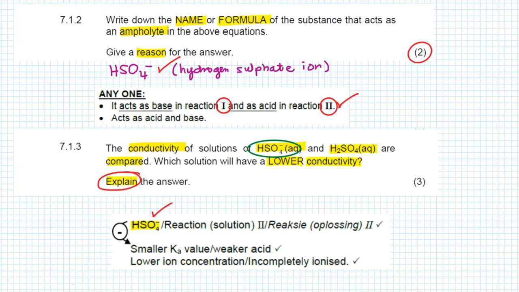Point number 1, we say that the smaller Ka value is given, or rather the HSO4 minus ion solution has the smaller Ka value, and it is therefore a weaker acid. The second mark we get for saying that this means that there will be a lower ion concentration, or we say it is incompletely ionized. Any of these will do, and that is going to get you your 2 other marks, giving you a total of 3 marks for this question.